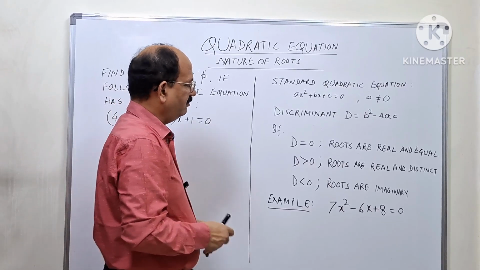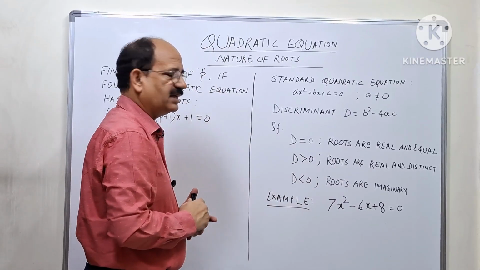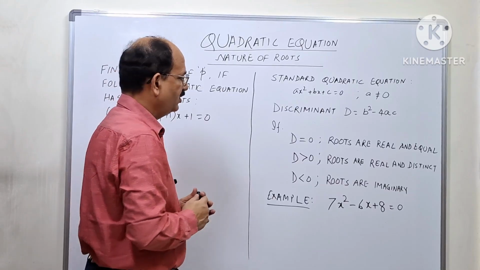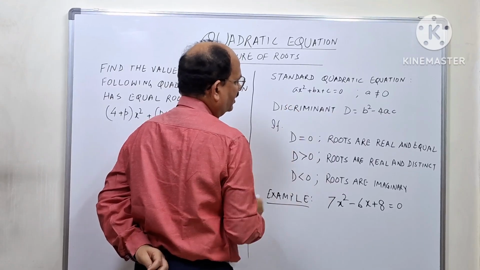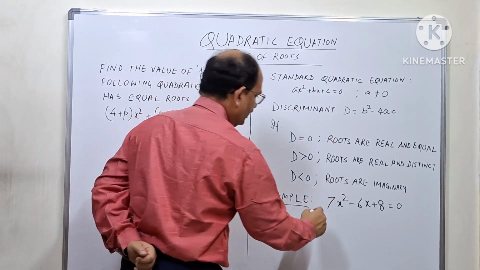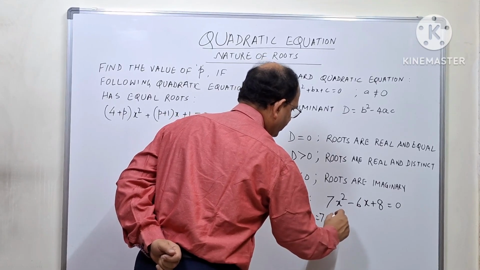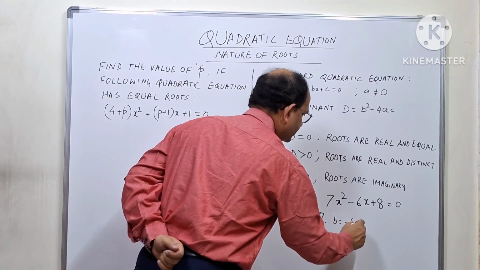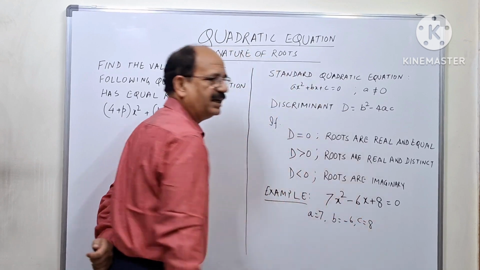Let's take one example. Suppose this is a quadratic equation, 7x square minus 6x plus 8 equal to 0. If we compare that with the standard quadratic equation ax square plus bx plus c equal to 0, then in this case a will be equal to 7, b will be equal to minus 6, and c will be equal to plus 8.